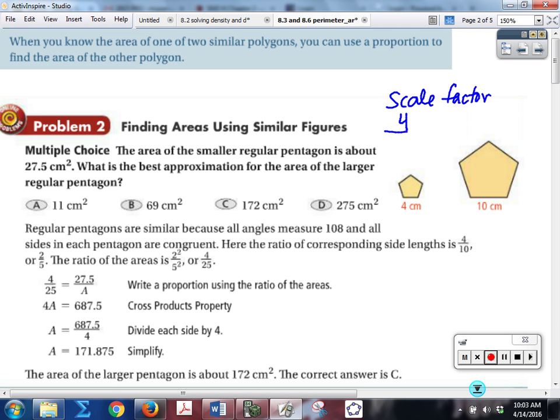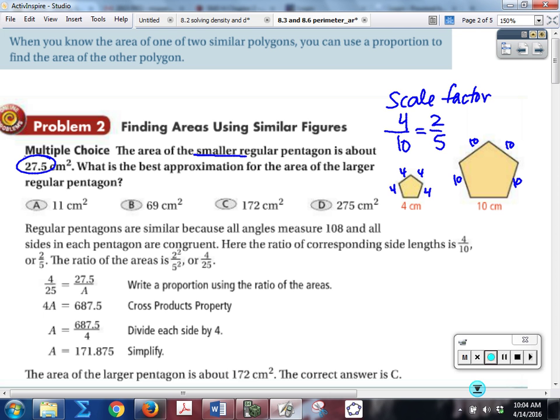That's the scale factor. These are regular polygons, so they all have 4 sides all the way around. If you added up the perimeters, they would also have a ratio of 2 to 5. So this question is saying the area of the smaller one is 27.5, and it wants to know what the area of the bigger one is.